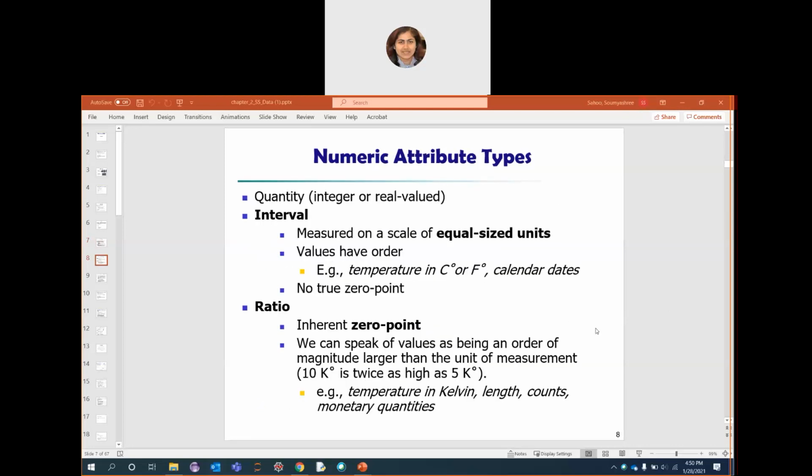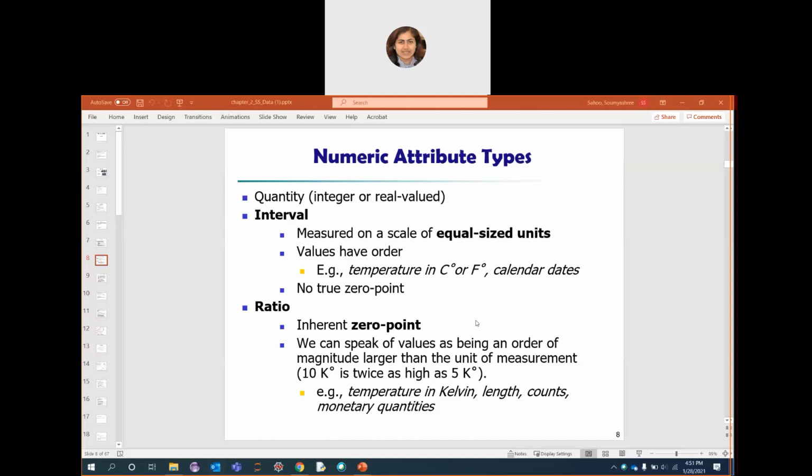Then comes your numeric attribute. The numeric attribute is mostly specialized in the format of quantity. So it's quantitative. That is, it is a measurable quantity represented in integer or real values. It is assigned some sort of quantity or numerical values.